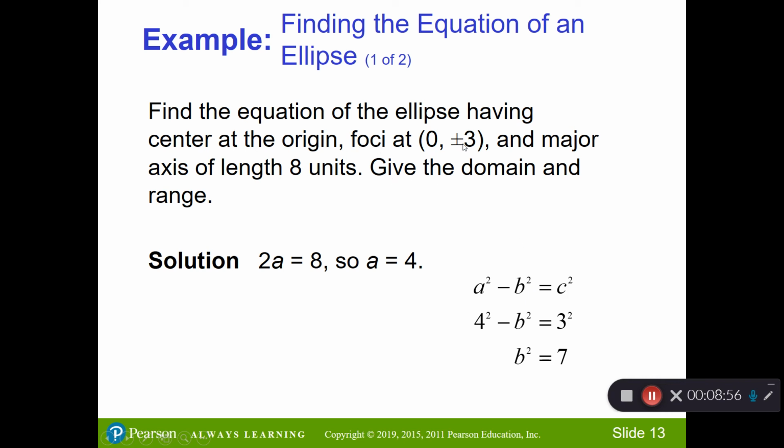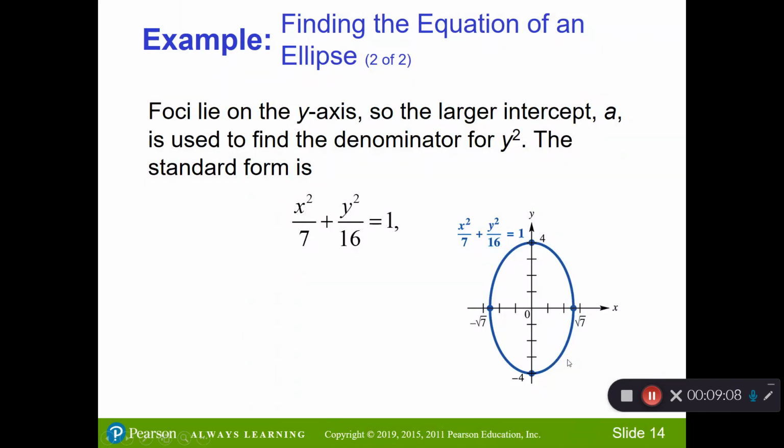Well, we know that the foci is at 3, so 3 squared. Go ahead and solve. This is 16 minus 9, so we get 7, and then divide off the negative, so b squared equals 7. So the 7 goes where the b squared is, and then we get the 16 from that 4 squared, the a value, and then plot it, right?